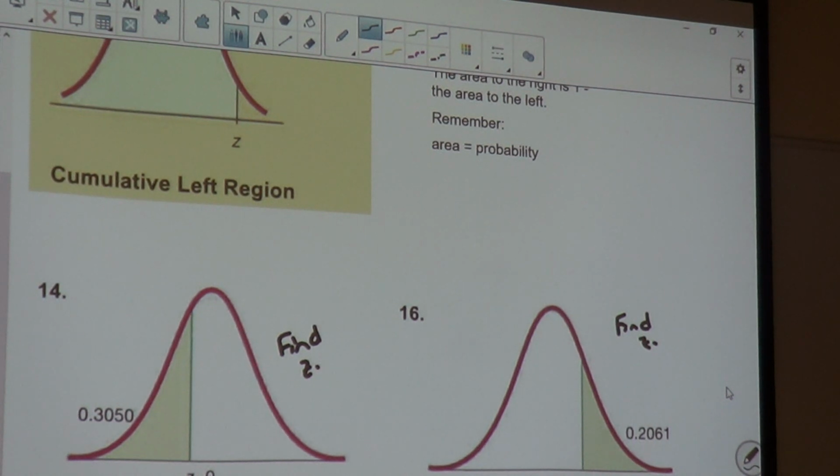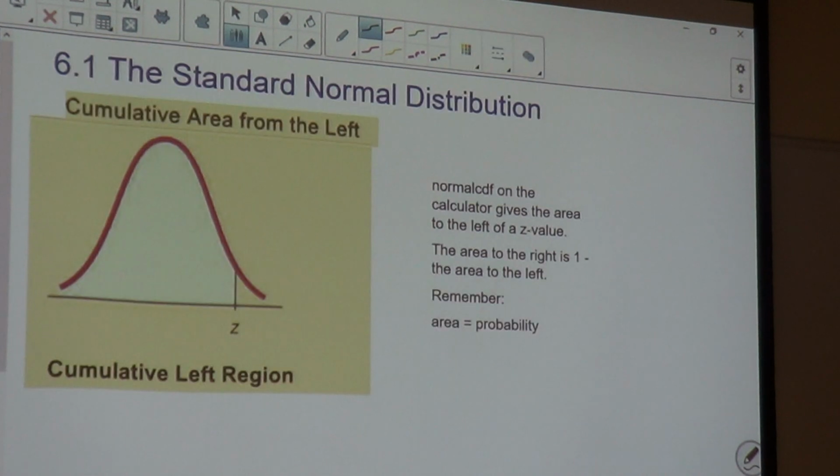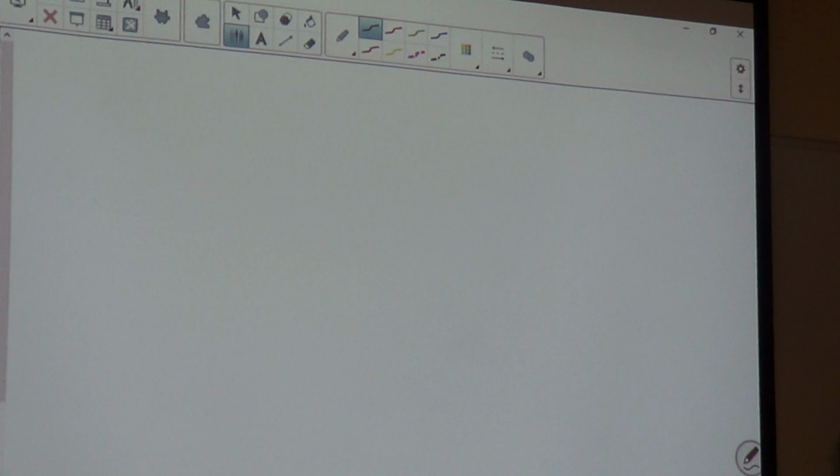We good? All right, so where we left off last time, let me do a quick review problem just to make sure we're all on the same page. We had done 2 types at the end of class in 6.1.